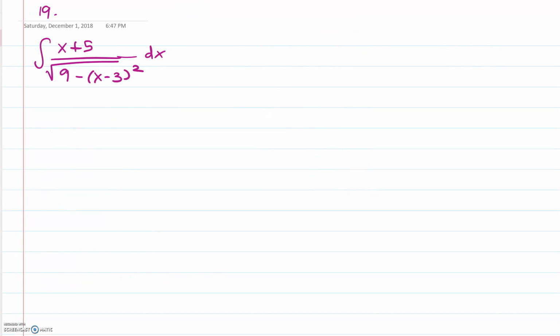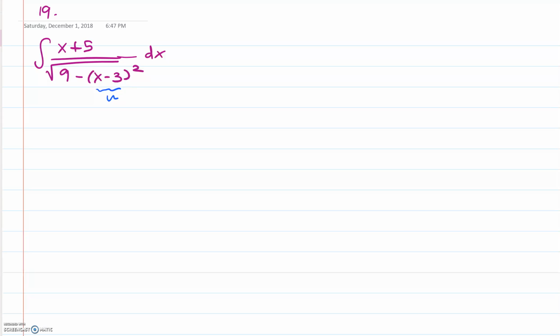Okay, let's look at problem number 19. This is a problem where we're going to use u sub. There is only one square root, so you could try the whole inner function as u, but that may not work. So I'm going to choose this as u.